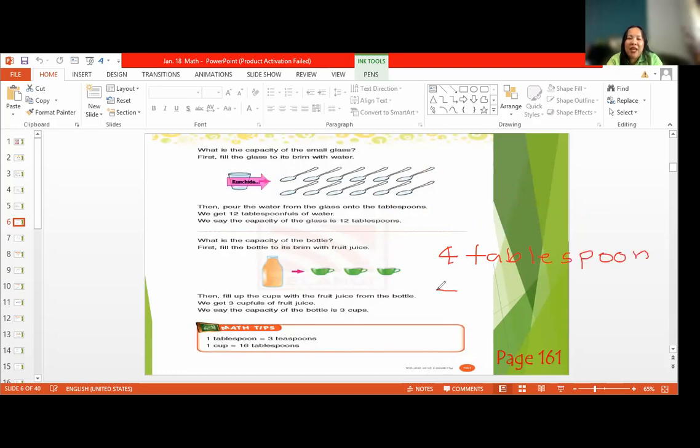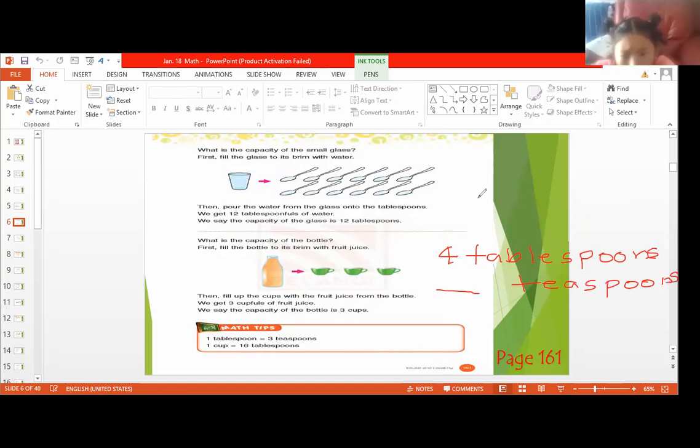How many teaspoons? Oh, it's very easy. 4 tablespoons. So how many teaspoons is it?